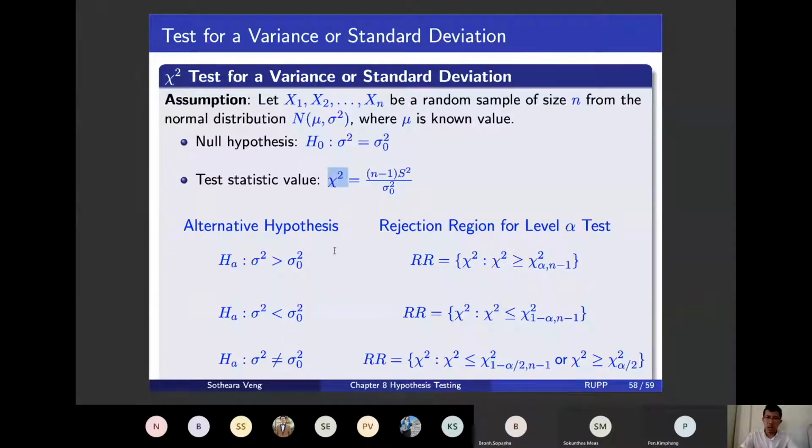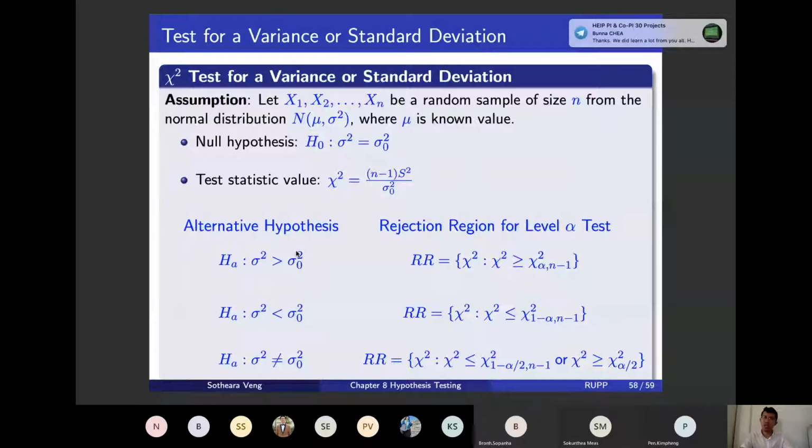So these are the three possibilities of the alternative hypothesis. Okay, this is the original hypothesis, I mean the initial hypothesis. So you may have the one-tailed test.